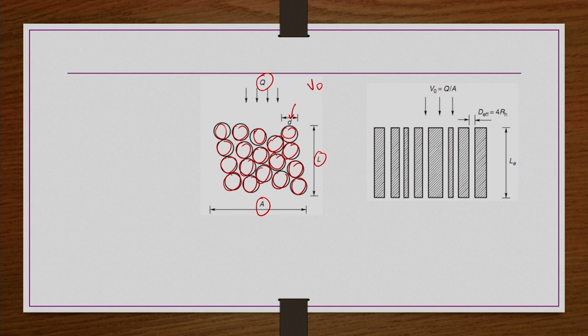So, now what we do, we replicate this system to have a number of non-circular conduits like this. So, that here also we get average velocity V naught equals Q by A, same as packed bed. Pressure drop would also be the same, and then this L is going to be LE, because L is the fixed one, but fluid particles we have to take with respect to the fluid particle.